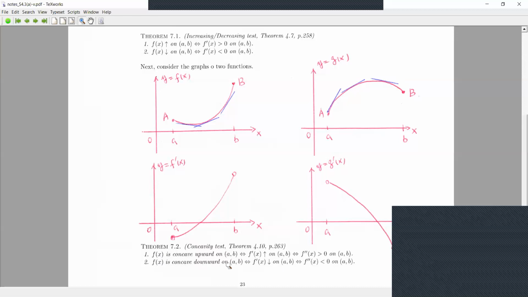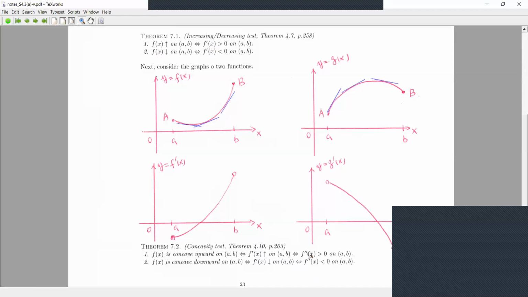So in summary, a function is increasing if and only if the derivative is greater than 0. A function is decreasing if and only if the derivative is less than 0. So the first derivative controls increasing, decreasing.